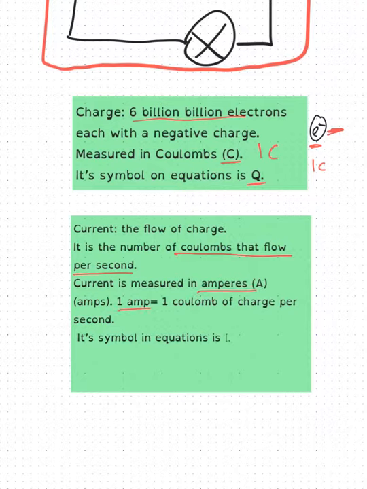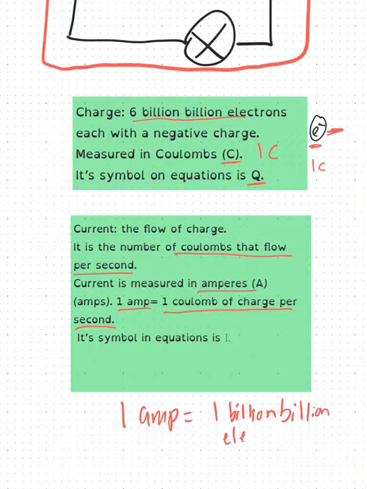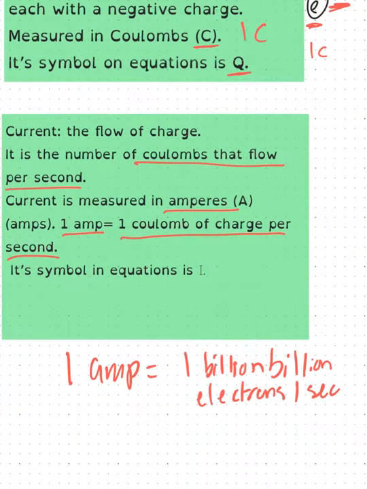So 1 amp equals 1 coulomb of charge per second. It's easier to say 1 amp equals 1 coulomb per second.